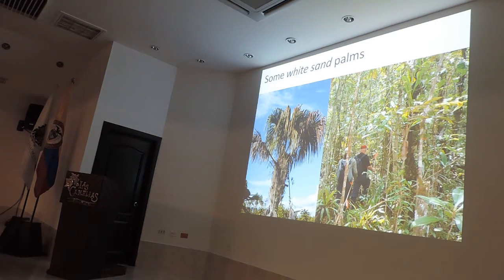Then the white sand forest is quite different to walk in. If you look here, it's dominated by rather narrow, thin, very straight stems, not branching, and not very big trees. It's called Varillal there, and it has a quite different tree flora.